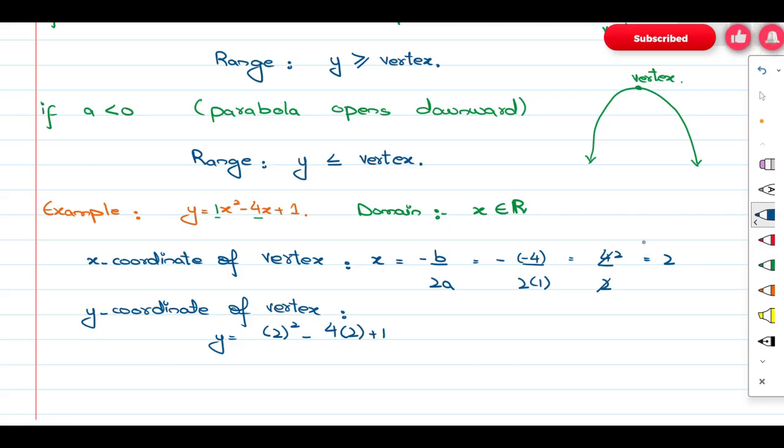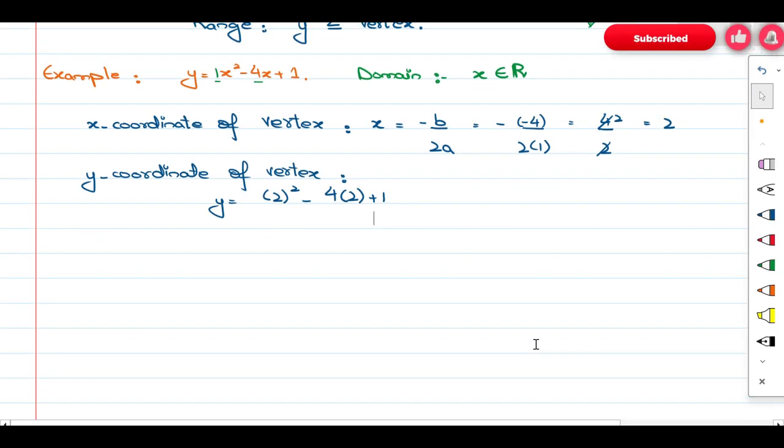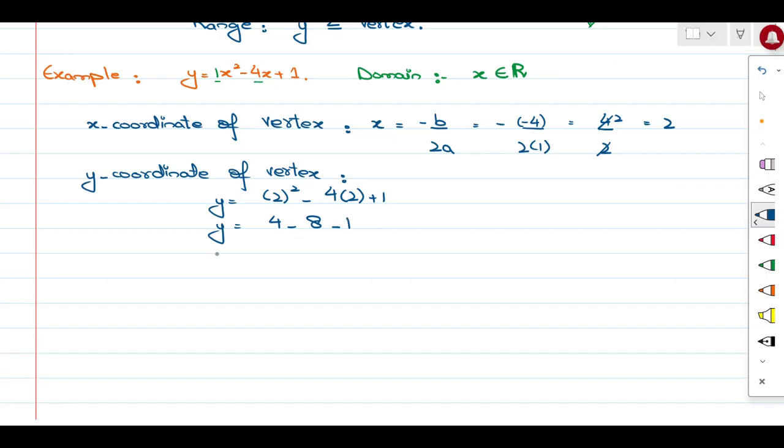Just plug the x coordinate of the vertex into your equation and you will get the y coordinate of the vertex. So now y equals 2 squared is 4, 4 times 2 is 8, minus 8, plus 1. Now y should be equal to, in 4 when you add 1 it's 5. From 5 take away 8. So the y coordinate is negative 3. Minus 8 plus 5 is minus 3. This is your y coordinate of the vertex.